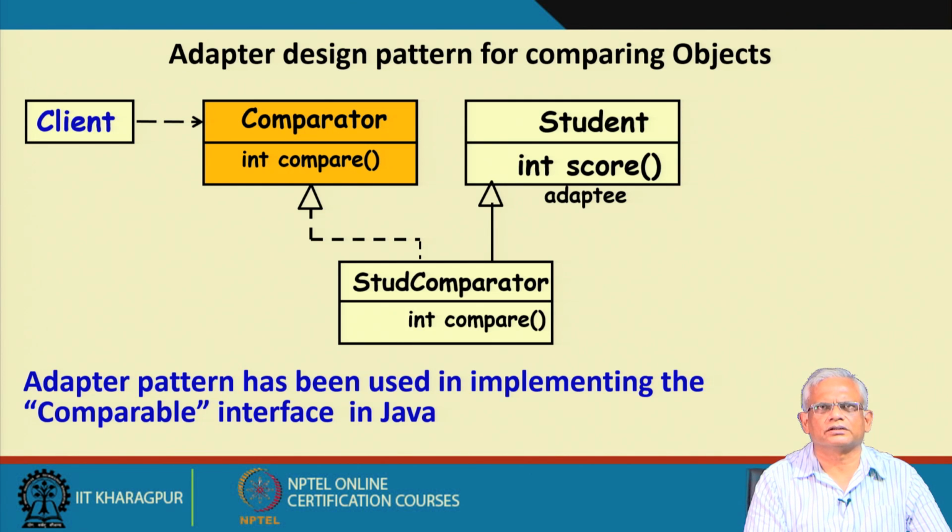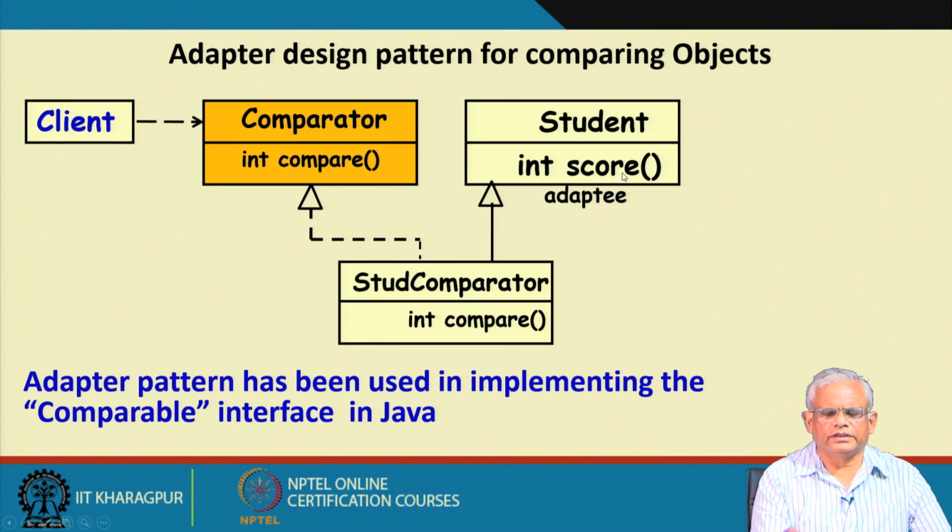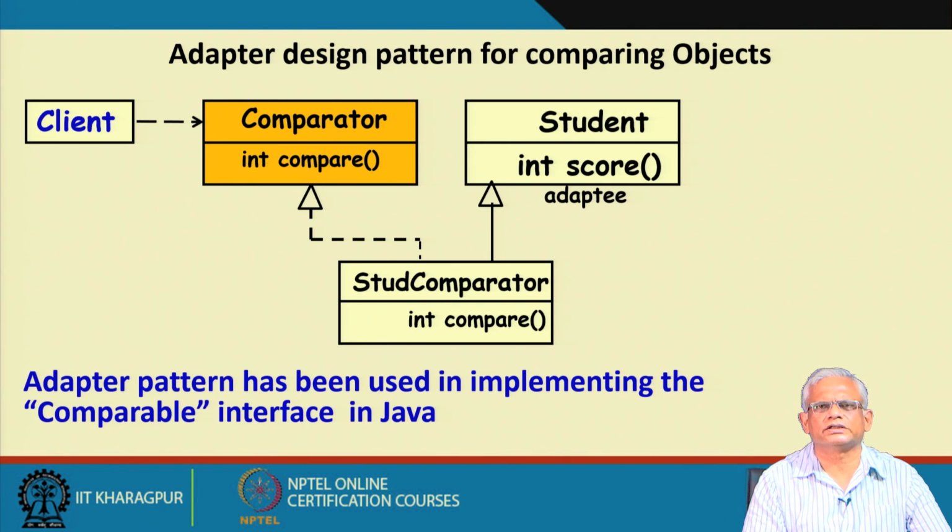The comparator is used when we have, let us say, a number of students, maybe in an array list, and each student has a score, and we want to compare the scores of the students to be able to, let us say, sort the students in ascending or descending order and so on.